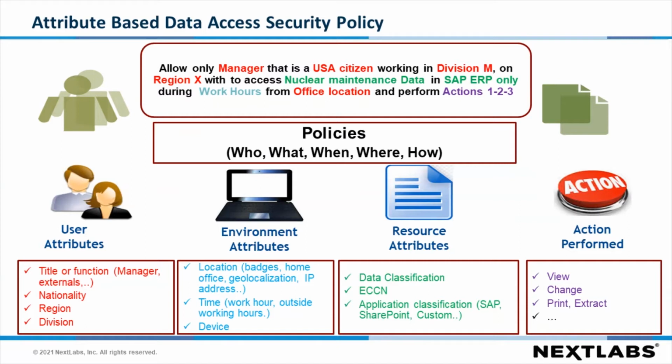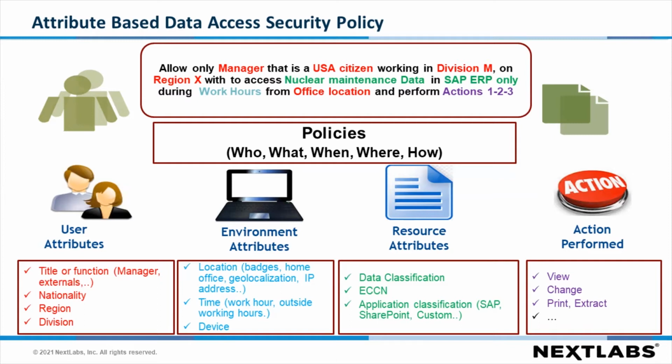As an example, here we might use attributes to restrict access to a manager who's a US citizen, who's currently in region X, and then enforce environmental attributes to say that it's only from a specific device, or only from a device that's in a certain country or location, and only during their specified work hours where they are expected to be accessing the resource.